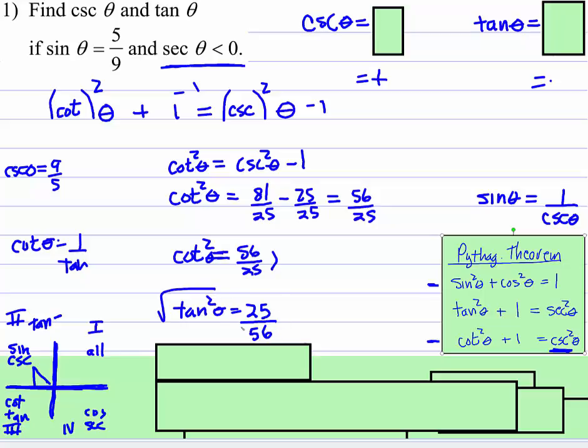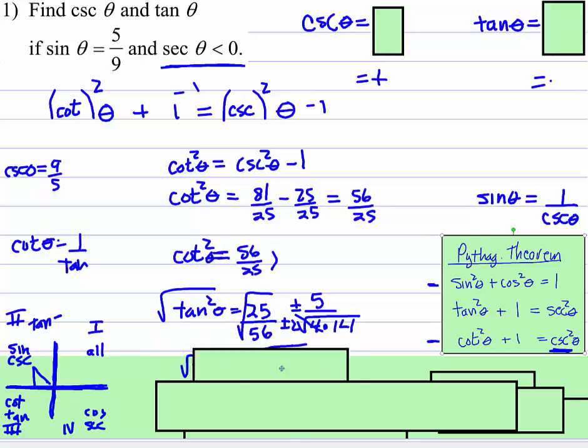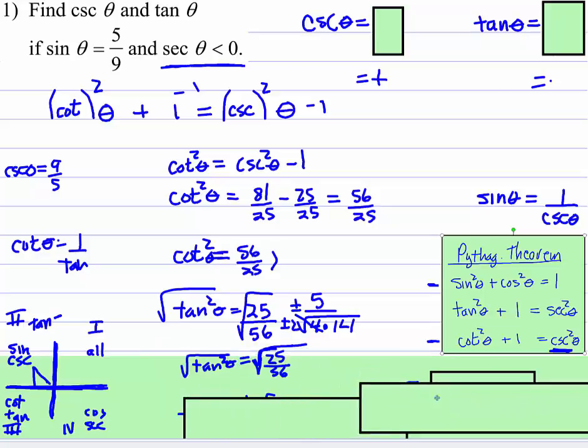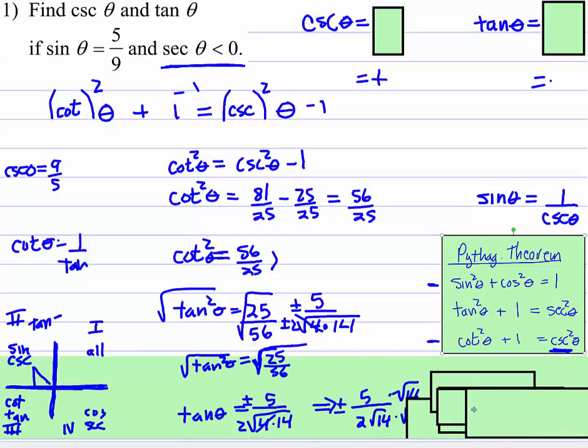And now we're going to take the square root of both sides. So this is going to be positive or negative 5 over the square root of 56, which I'm going to write as 4 times 14. So I'm going to pull out a positive or negative 2.